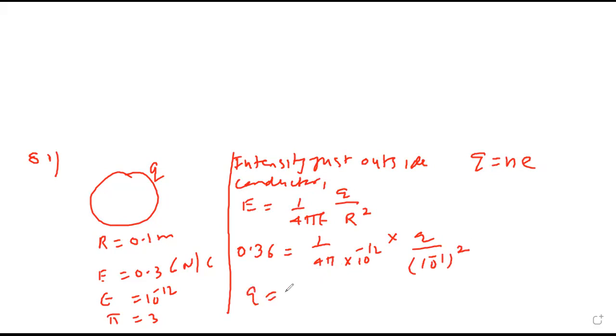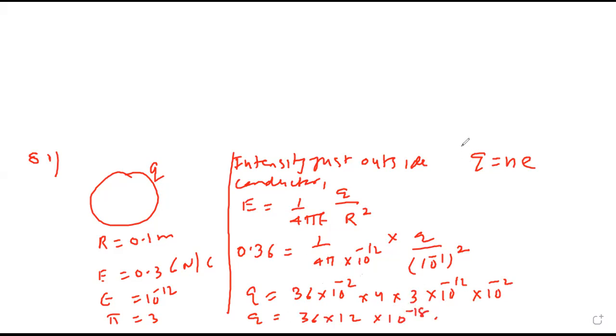So this is 36 into 10 raised to minus 2, 4 pi take as 3 into 10 raised to minus 12 into 10 raised to minus 2. 4 3s are 12. 36 into 12 into 10 raised to minus 2. Minus 2 is minus 4, minus 18.